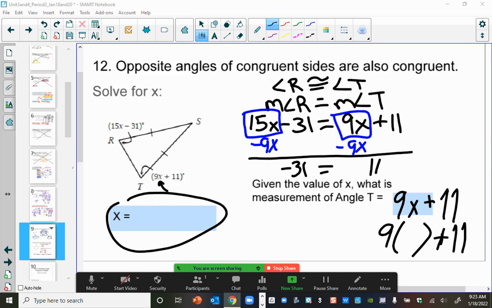Okay. Do you have the unit one? Well, show it to me before we go. I'll mark it.